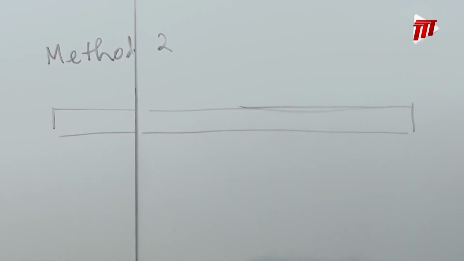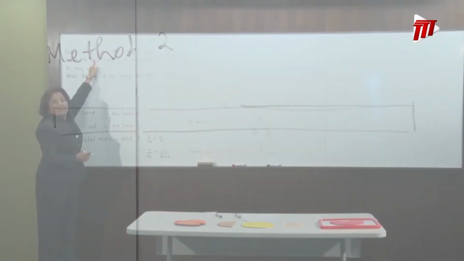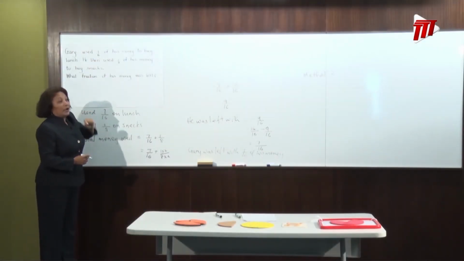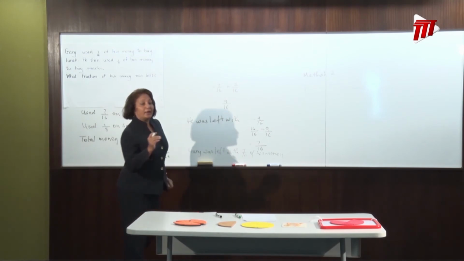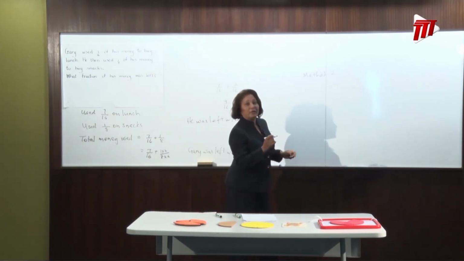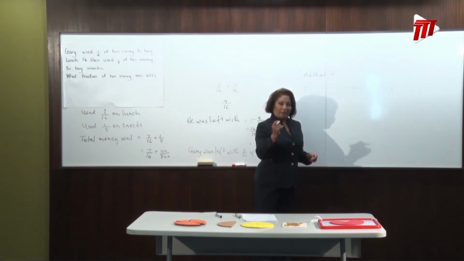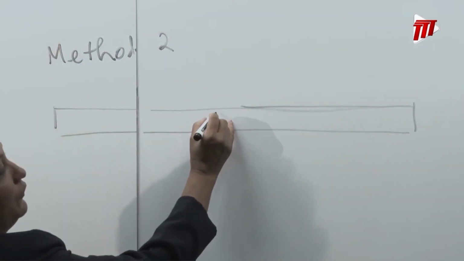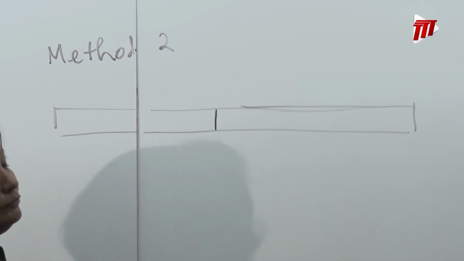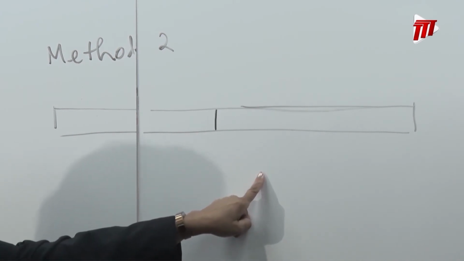Now, we are told that Gary used 7/16 of his money to buy lunch. So we have to divide our whole into 16 equal parts. Now we do this systematically. We divide it first in half. So I have 2 equal parts.